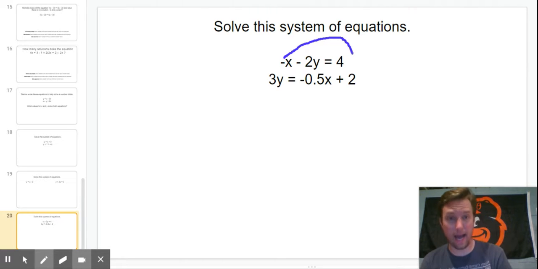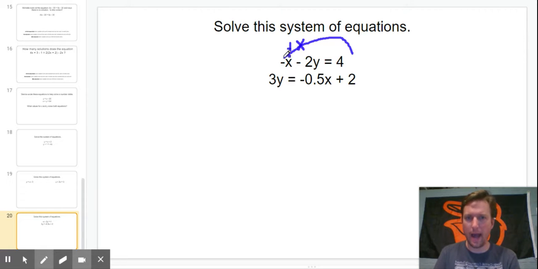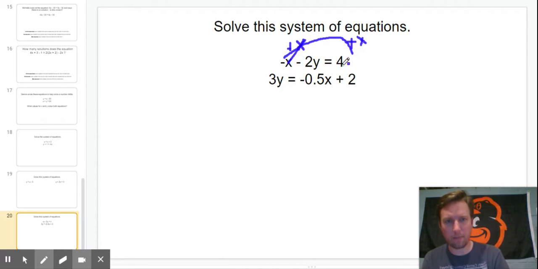If you said add, you would be correct. So I'm going to add my x here. And what I'm left with is still 2y, but I'm going to add x here and add x here. Negative x plus x is going to cancel itself out. But then on this side, I'm left with x plus 4.